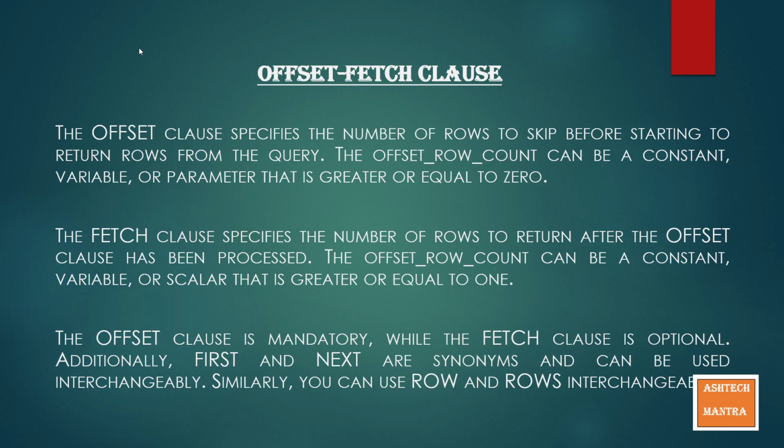It has skipped the top 10 rows. If I am using OFFSET 15 ROWS, it will skip the first 15 rows and it will show us from SN equal to 16. So this is the use of OFFSET ROWS, and ORDER BY is mandatory, as I explained in my previous slide. Now you can see that if I comment out this ORDER BY, it is throwing us an error and it will not execute.